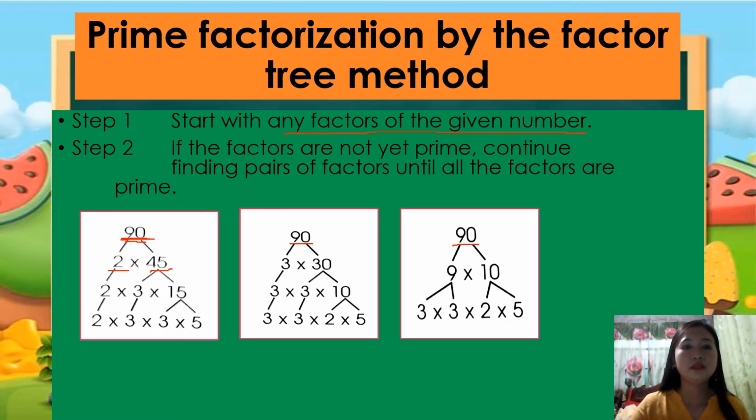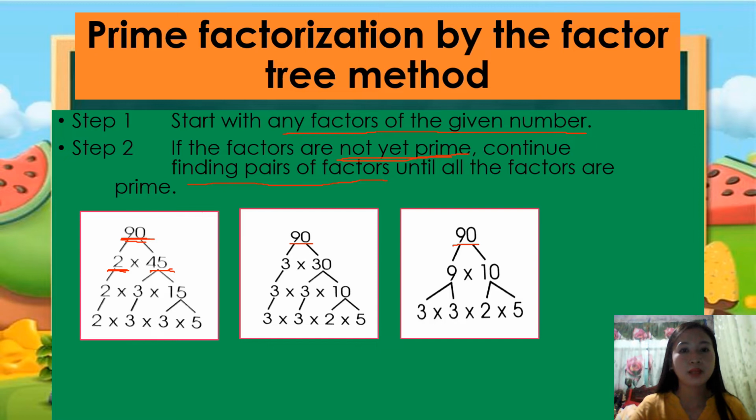So 2 and 45 are the factors of 90. Now, if the factors are not yet prime, continue finding pairs of factors until all the factors are prime. So now, digit number 2, is it a prime or a composite number? Yes, it is a prime number. While 45, is it prime or composite? No, it is not a prime number.